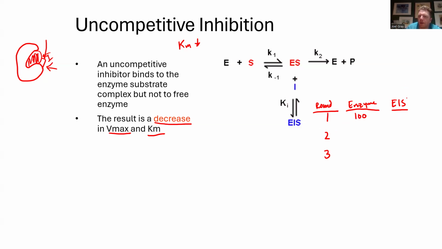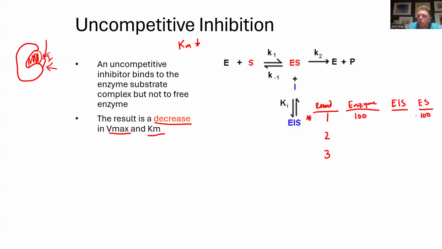All 100 of those are going to bind the substrate, and you're going to form 100 of the ES complexes. This is at the start.